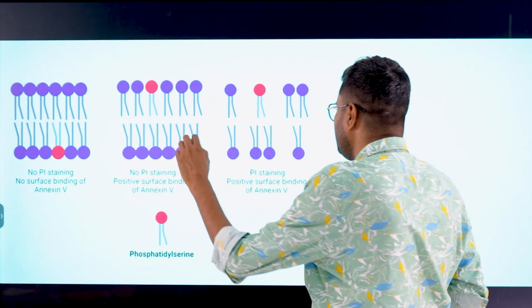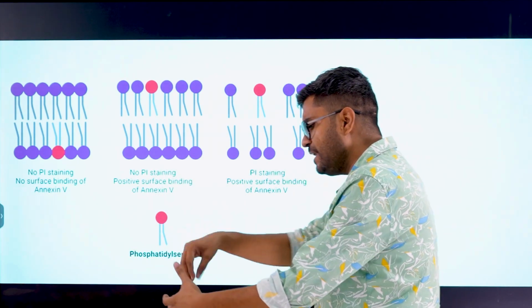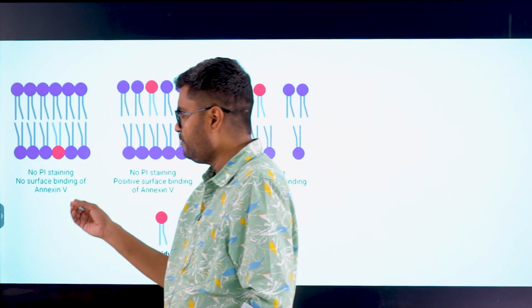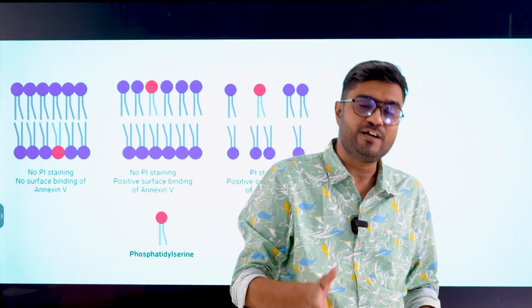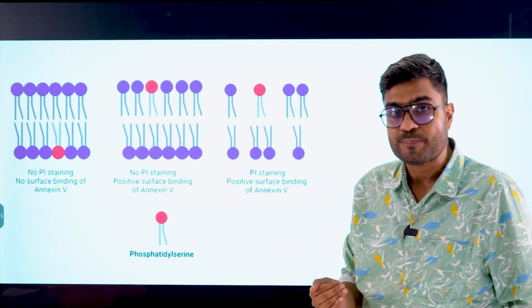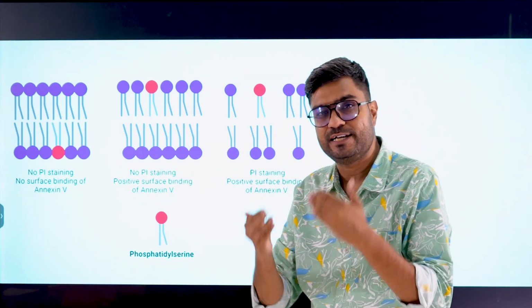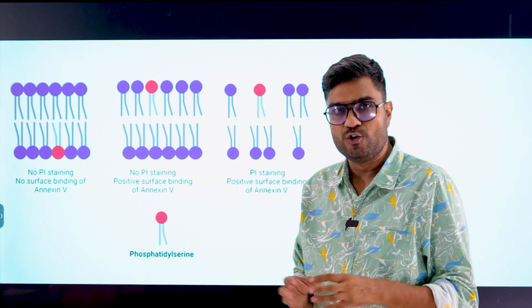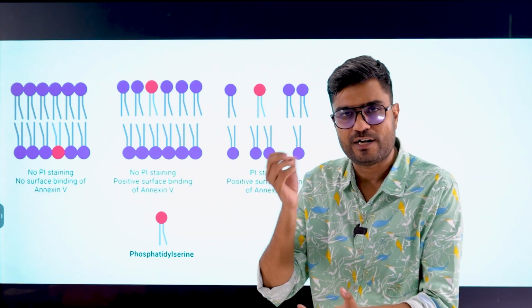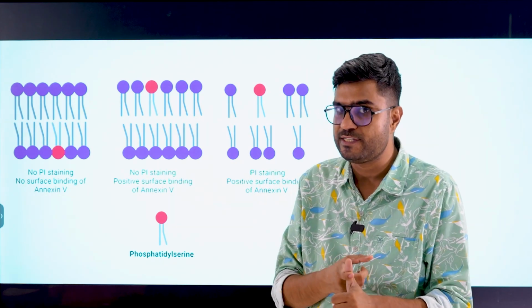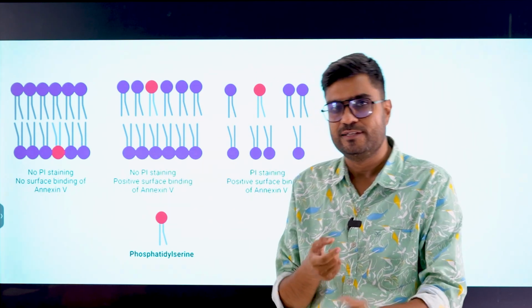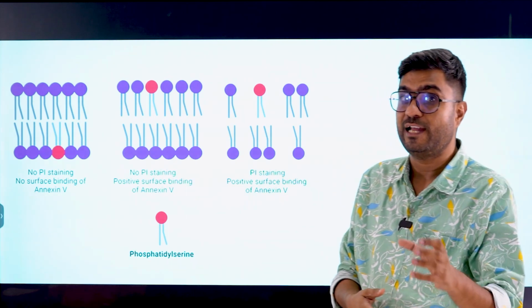So in healthy cells, when you add Annexin 5 or PI, you are not going to get any kind of signal, because the cells are live, phosphatidylserine is present inside the cell, and there are no pores, so PI cannot enter, it will be pumped out. So no signal for Annexin, no signal for PI. That means cells are live.